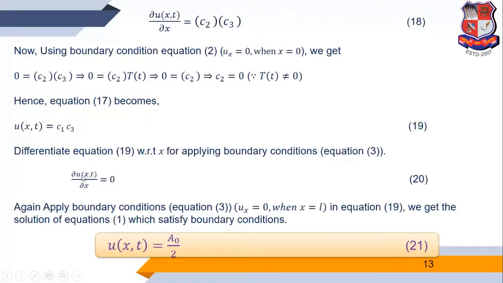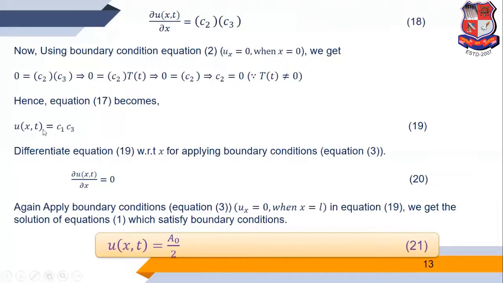So this is equation number 20. Again, we apply boundary condition equation 3, ux is 0 when x is L in equation 20. We get the solution of equation 1, we satisfied the boundary condition. Because here we get u(x,t) is equal to c1 into c3.